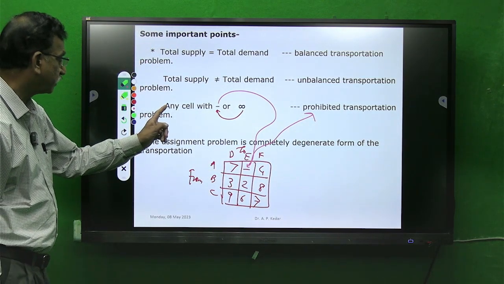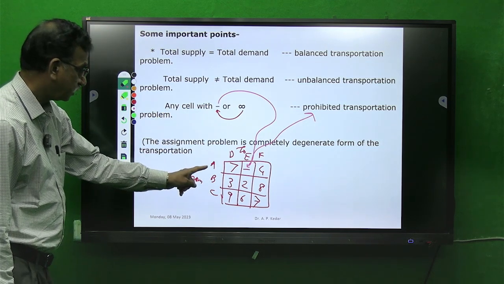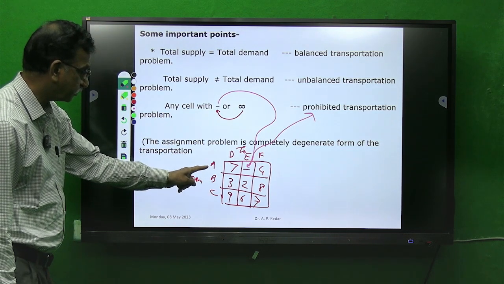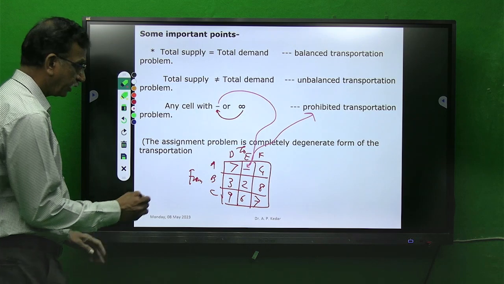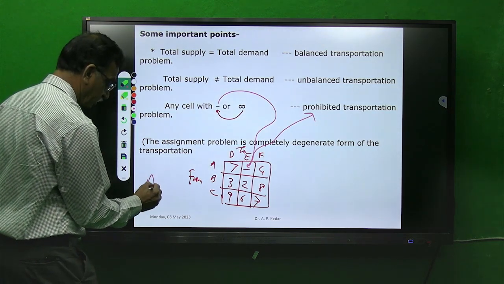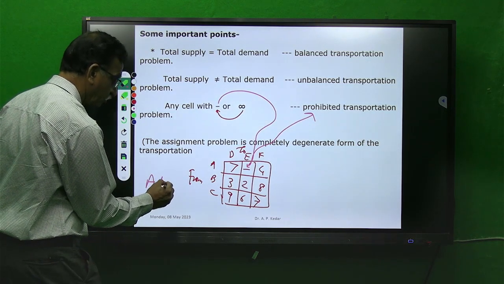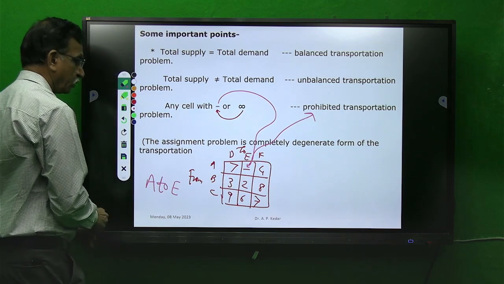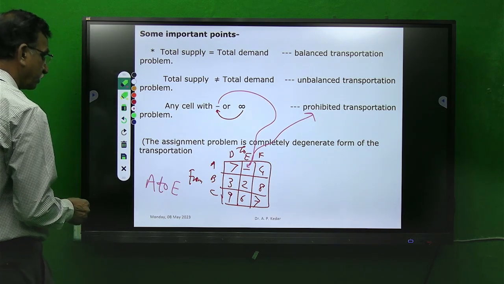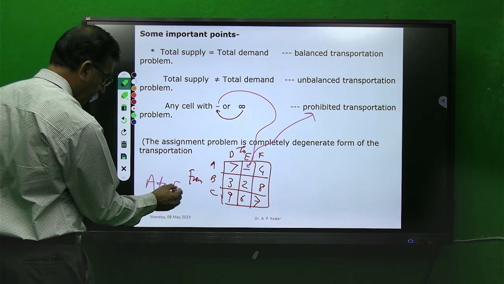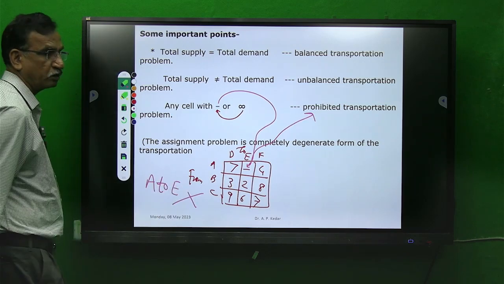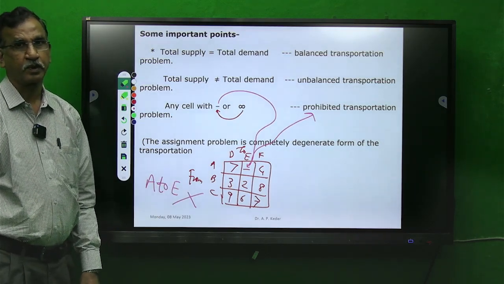That is, there is no possibility of transporting commodities from A to E. That is not possible. Got it?